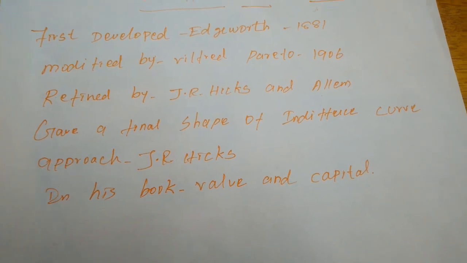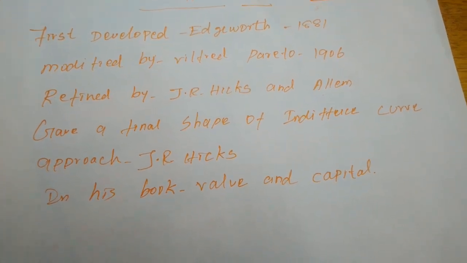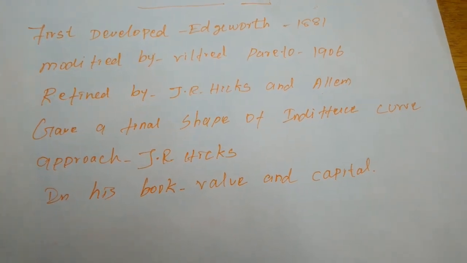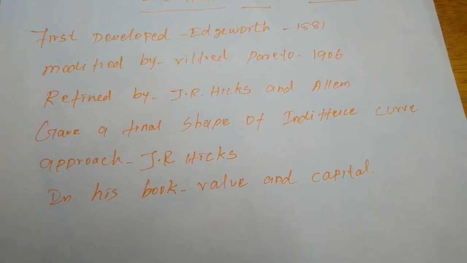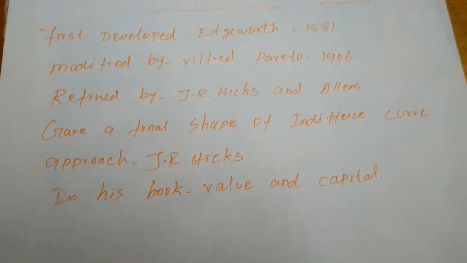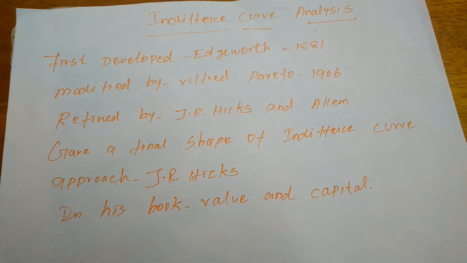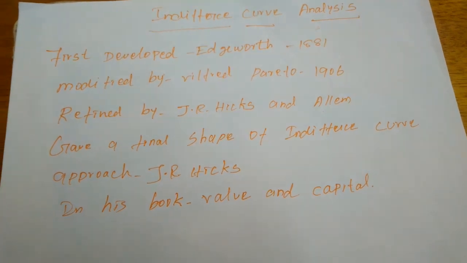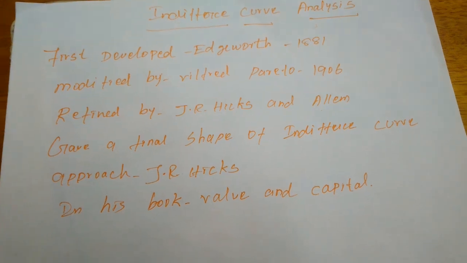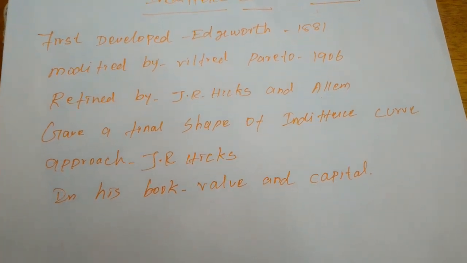Like that we can arrange our satisfaction in order. Such an arrangement of combinations of goods in the order of level of satisfaction is called the scale of preference.